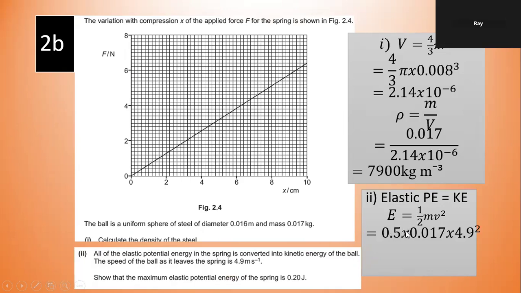Half is 0.5, mass, that's your mass, speed is 4.9. Okay, that's all. Any comment? Anything not clear? No. Okay.